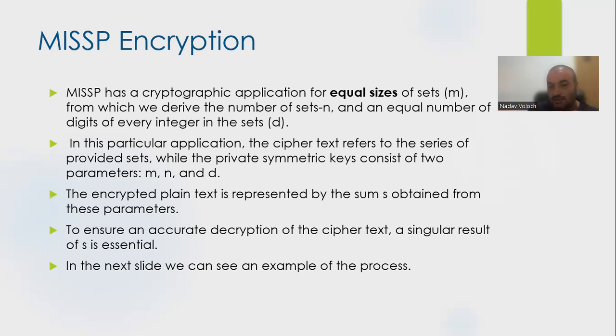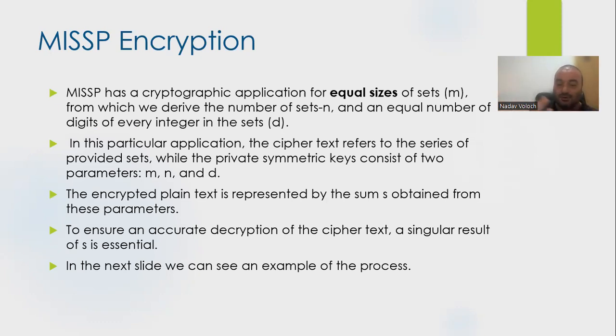It's a cryptographic application, and it has to have equal sizes of sets. The size of sets is denoted here as M, from which we actually derive the number of sets N, and an equal number of digits of every integer in the sets, D. In this particular application, the ciphertext refers to the series of provided sets, and the private symmetric keys are the parameters M, N, and D, of which we have to choose two.